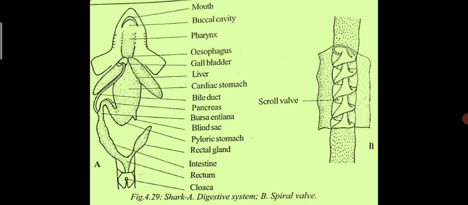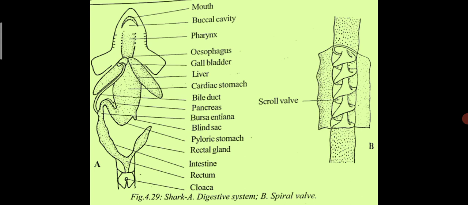The liver is formed of two lobes, united anteriorly and free posteriorly. You can see a kind of valve, a scroll-like structure called the scroll valve. After that, near the pancreas, a blind sac is present below the base of the pancreas, nearer to the bursa.